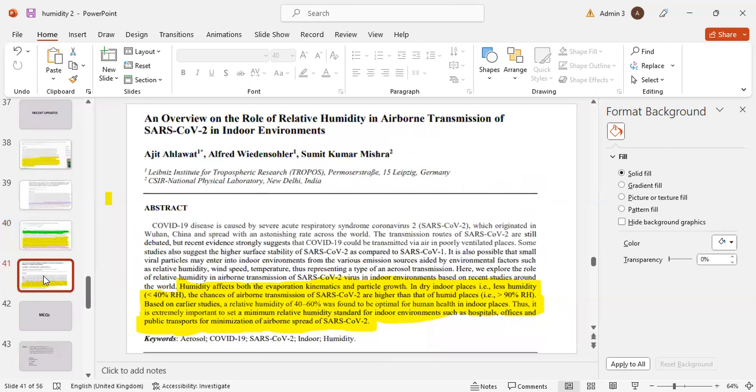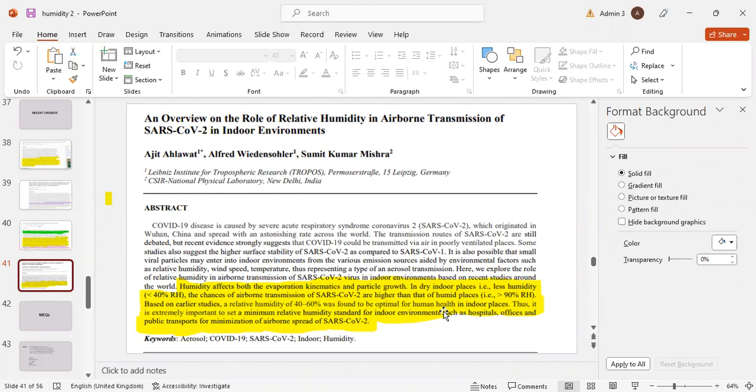And this article: an overview on the role of relative humidity in airborne transmission of SARS-CoV-2 in indoor environments. Humidity affects both the evaporation kinematics and particle growth. In indoor places with less than 40% relative humidity, the chance of airborne transmission of SARS-CoV-2 is higher than in humid places, greater than 90% relative humidity.